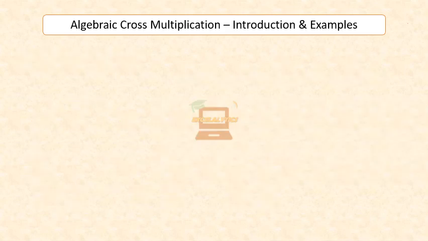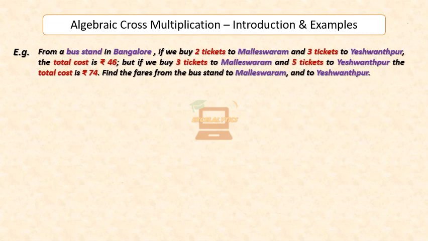Let us see the following example in which we try to understand the application of algebraic cross-multiplication. From a bus stand in Bangalore, if we buy 2 tickets to Malleshwaram and 3 tickets to Yeshwantpur, the total cost is 46 rupees. But if we buy 3 tickets to Malleshwaram and 5 tickets to Yeshwantpur, the total cost is 74 rupees.